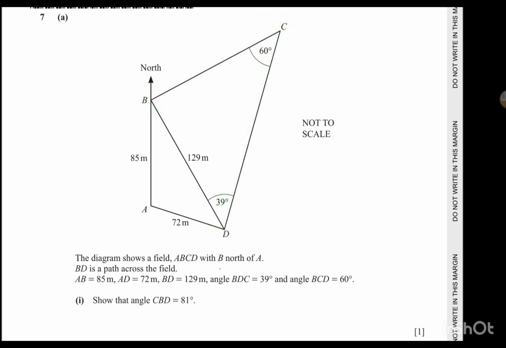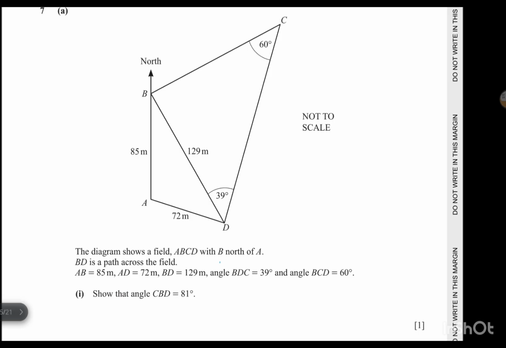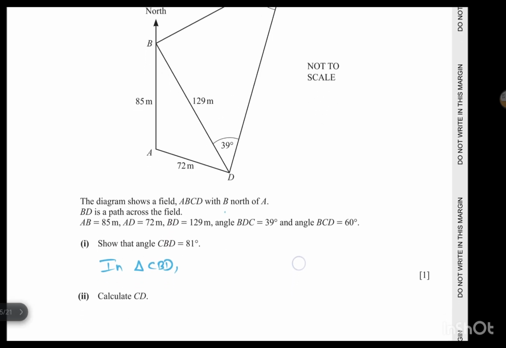Show that angle CBD is equal to 81 degrees. So in triangle CBD, we see that there are two angles given. So the third angle can be found out by the angle sum property.